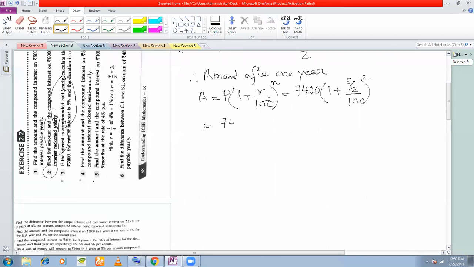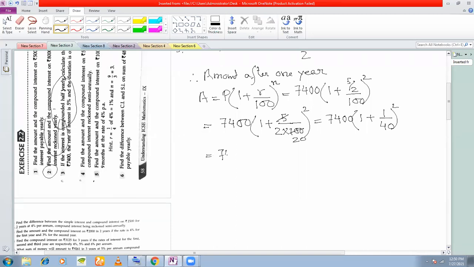So this is 7,400 into 1 plus 5 by, you can multiply 2 with 100, square. 7,400 into 1 plus, you can cancel here only 20. So you get 1 by 40 square.